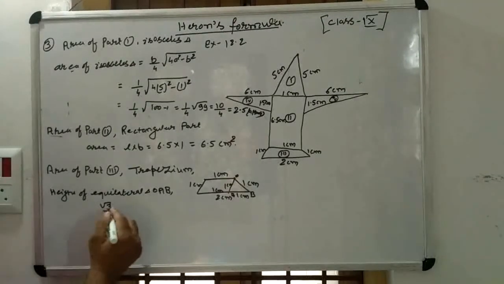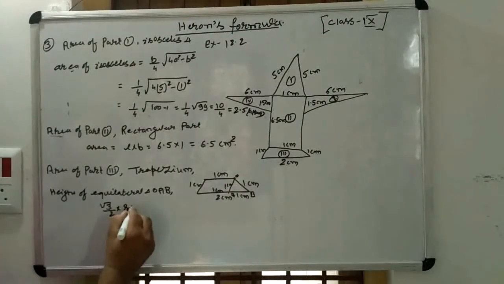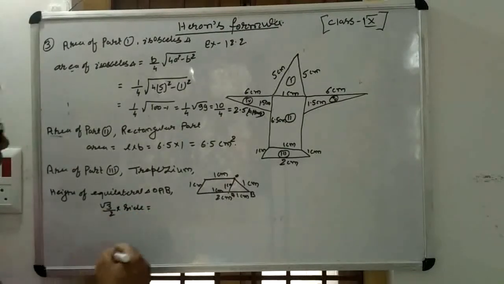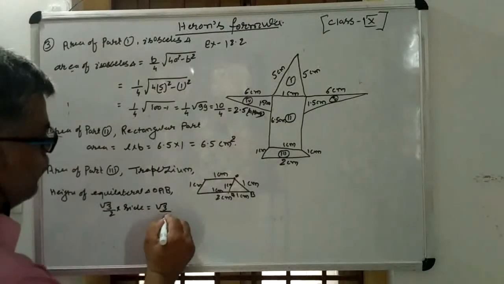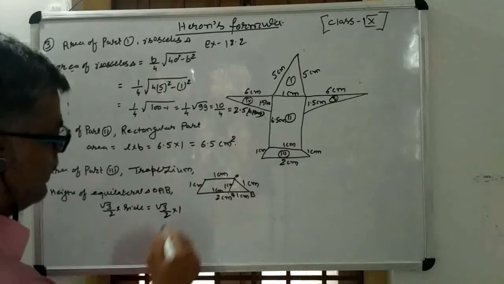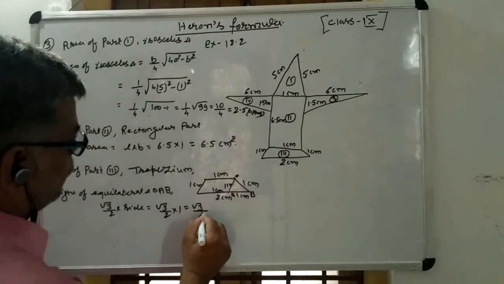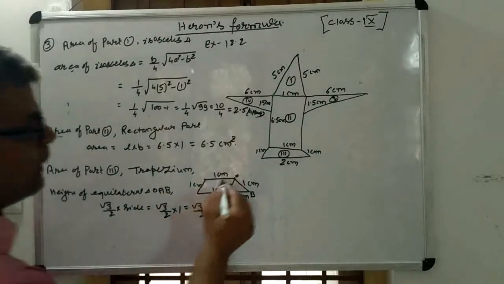Yes, root 3 by 2 into side. So your height will be root 3 by 2 into side, which is 1. That is root 3 by 2. So this is the height of the trapezium.